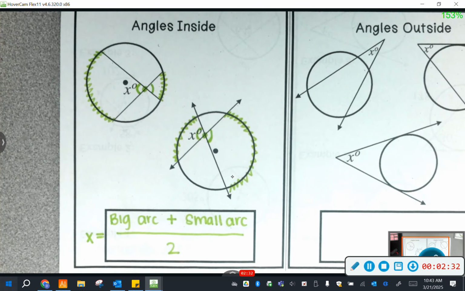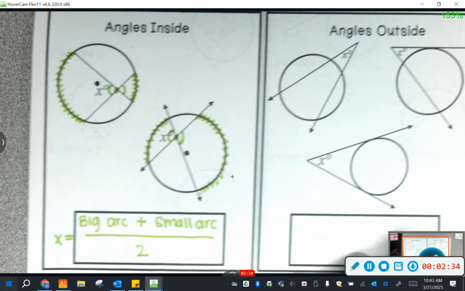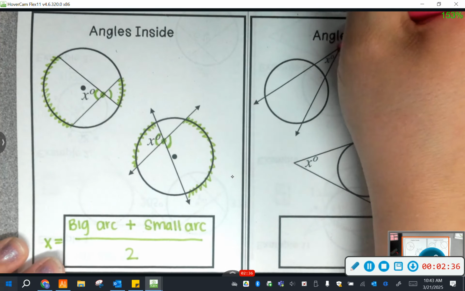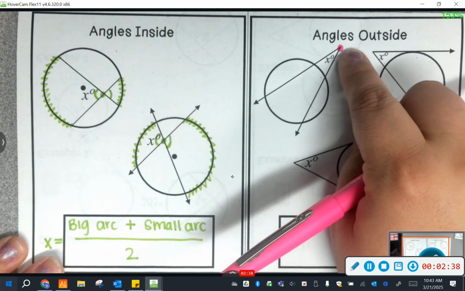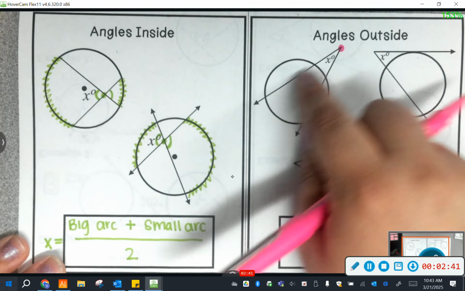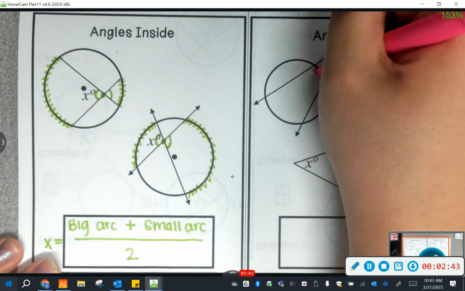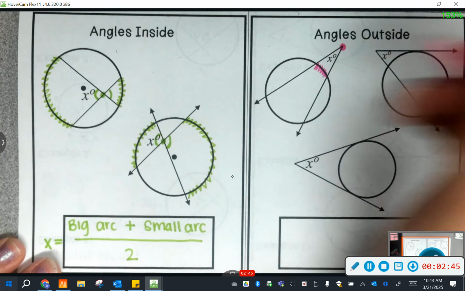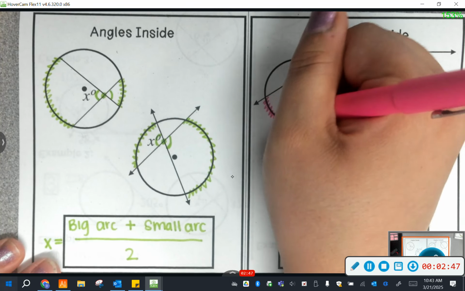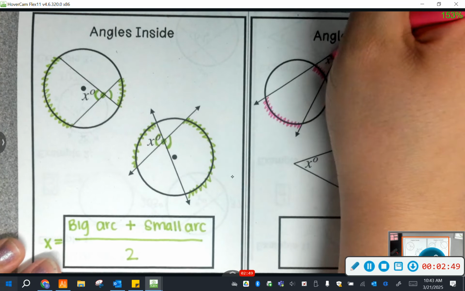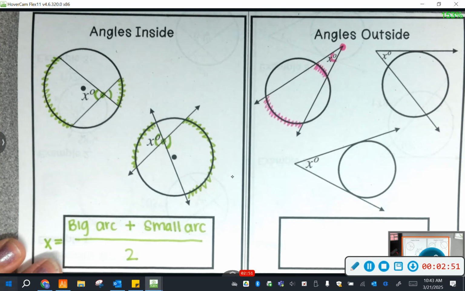What about when it's outside? Do you agree this angle right here is outside of my circle? Do you see how the sides of the angle create this small arc right here, and this big arc over here? That's going to give me what this angle is. Do we multiply by 2?